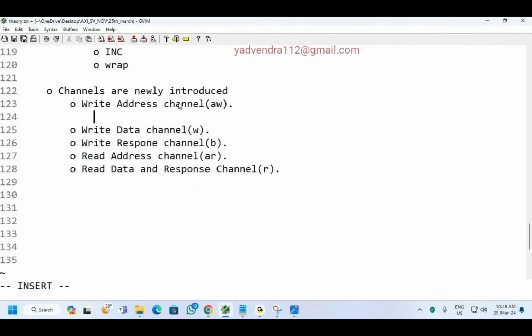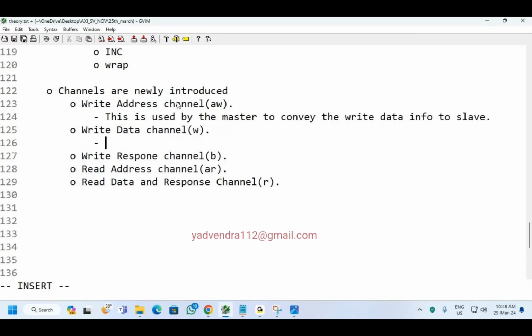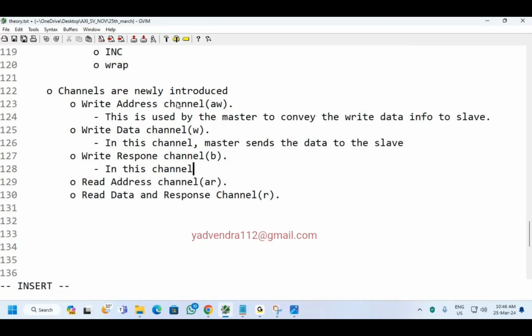So let's do a brief here. Write address channel: this is used by the master to convey the write data info to the slave. Next, in this channel, master sends the data to the slave. In this channel, slave sends the response to the master.